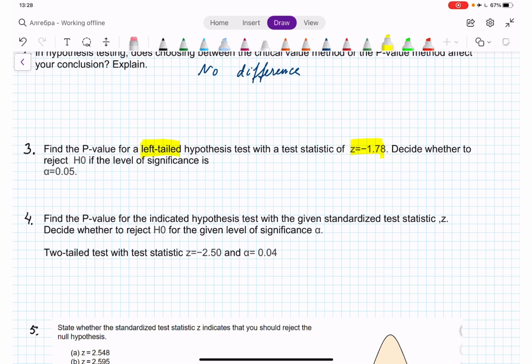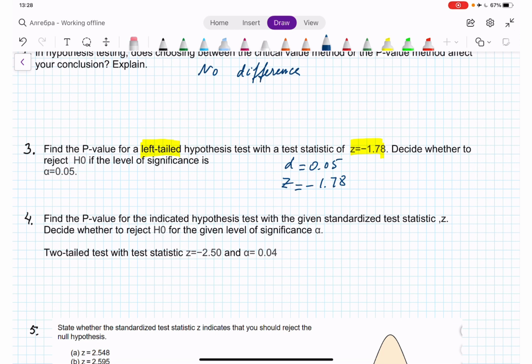Our alpha, let's write down. Alpha is 0.05. Right? Z-score is negative 1.78. How are we going to figure out if we are going to reject or fail to reject?